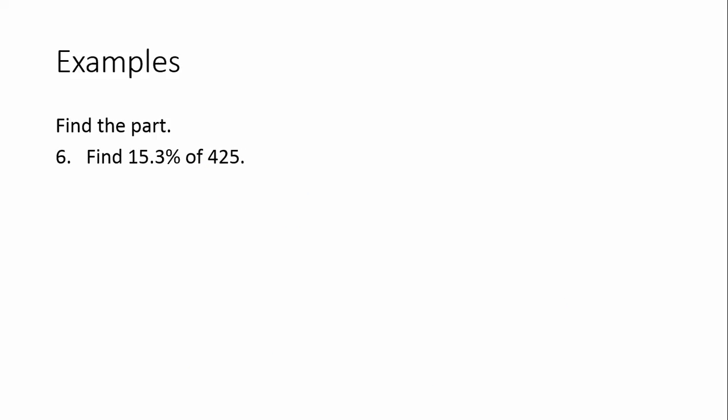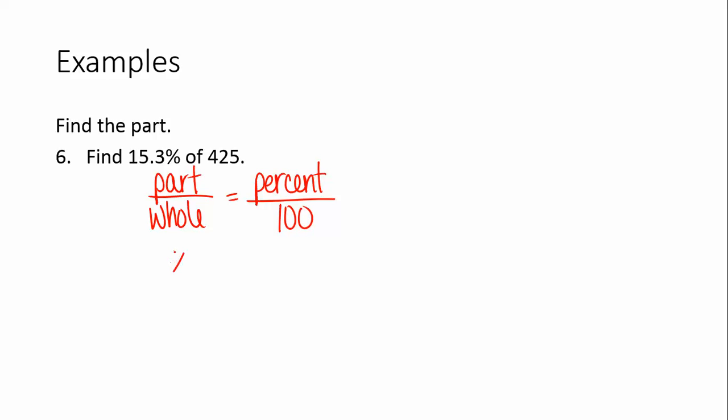And again, we're still finding the part on number 6. If you didn't try 5 on your own, try 6 on your own. So pause the video here, see if you can solve this one on your own. But we have part over whole equals percent over 100. And I've said that enough now that hopefully it's starting to stick in your brain, the different pieces of this proportion. But we have x over 425 equals 15.3 over 100. So again, cross multiply: 100x equals 425 times 15.3.